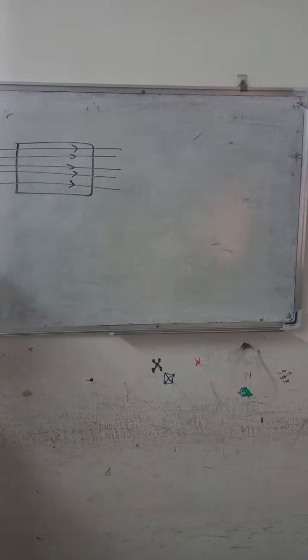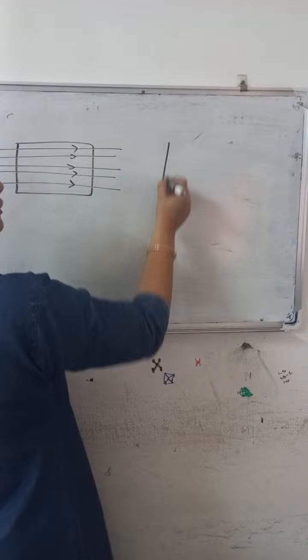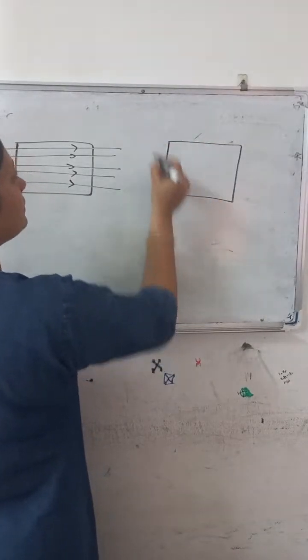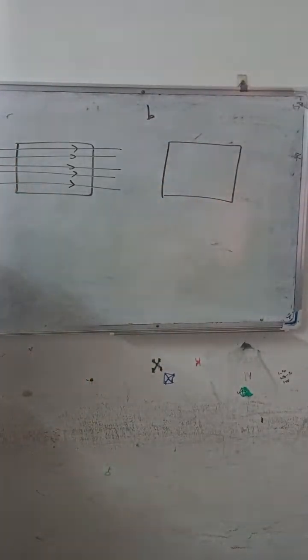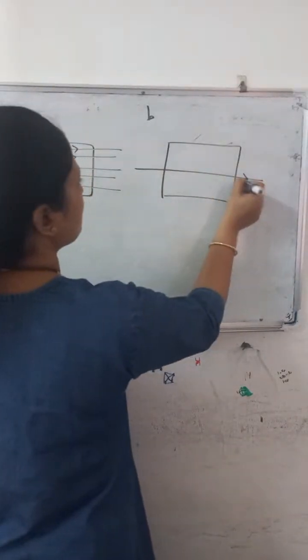This is option A. Then you can draw the second option. Second option is this.